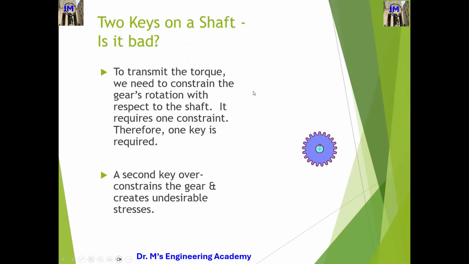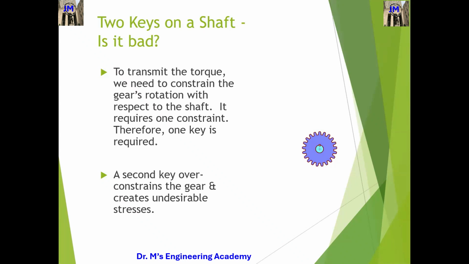Two keys on a shaft. So you know keys, right? I'm not talking about the keys to my door. I'm talking about this kind of key. If I have a shaft and I want to mount some gears or other components on it, how can I make sure that when the shaft rotates, the mounted components will rotate together?